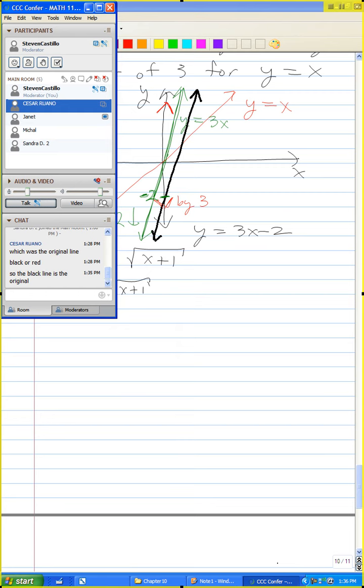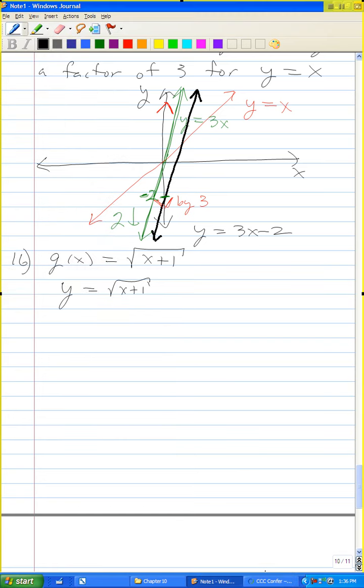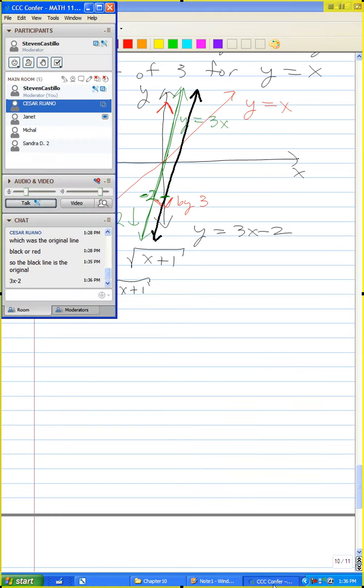Yeah, so the black line is the original. So the one that's much darker than everyone else is the graph of what we wanted. Okay, so in this case, yeah, the 3x minus 2, correct.